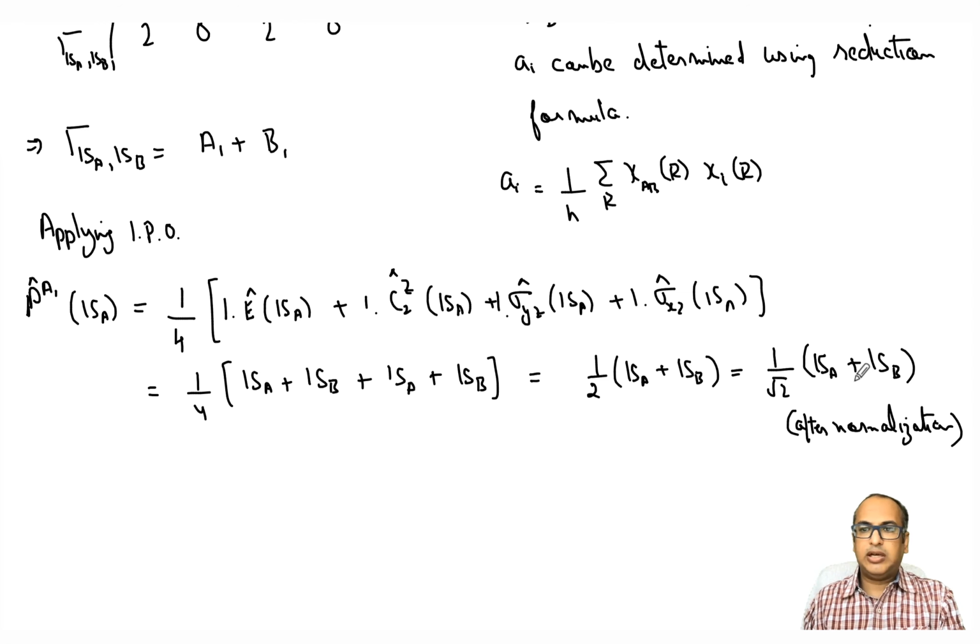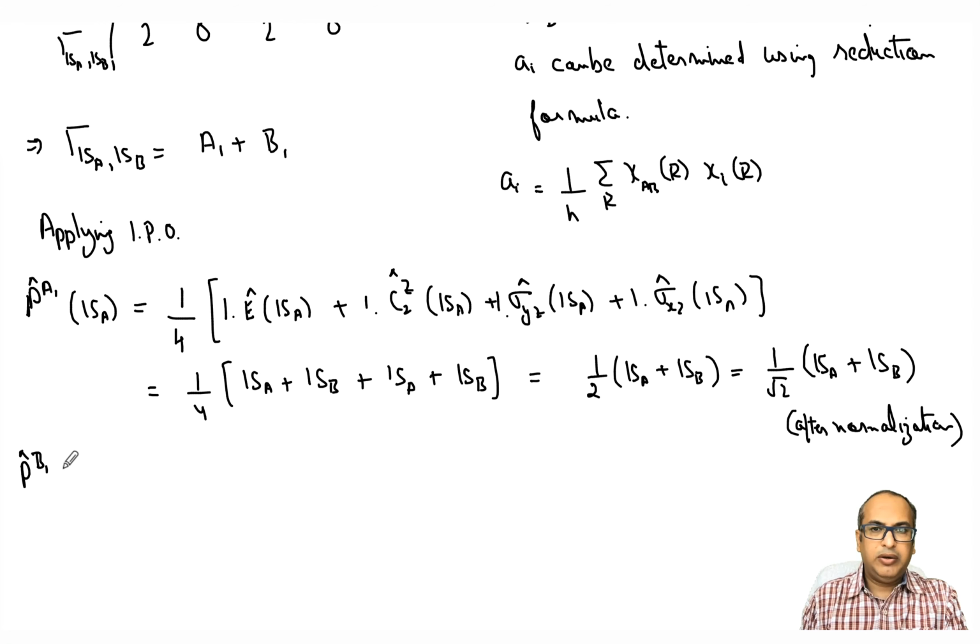Okay. So these are now normalized. Now this linear combination of 1SA and 1SB transforms as the A1 representation of the C2V point group, right? That means they will form a basis for the A1 representation. So now we know the symmetry of this under the C2V point group, right?